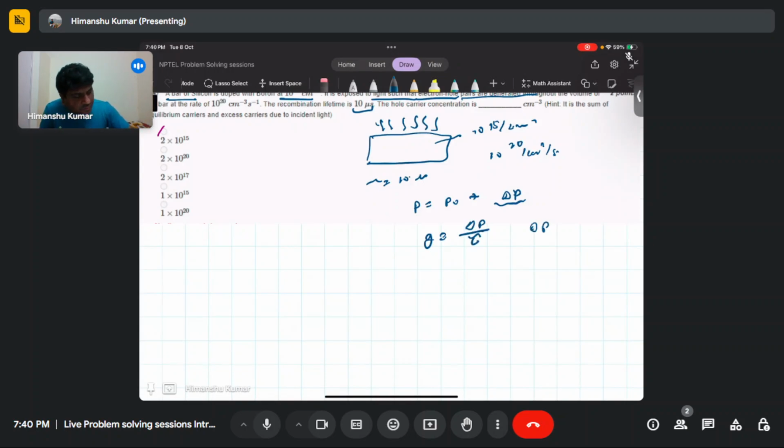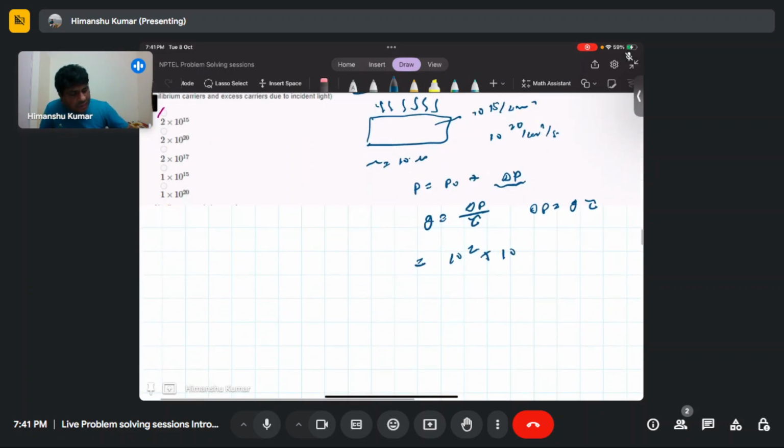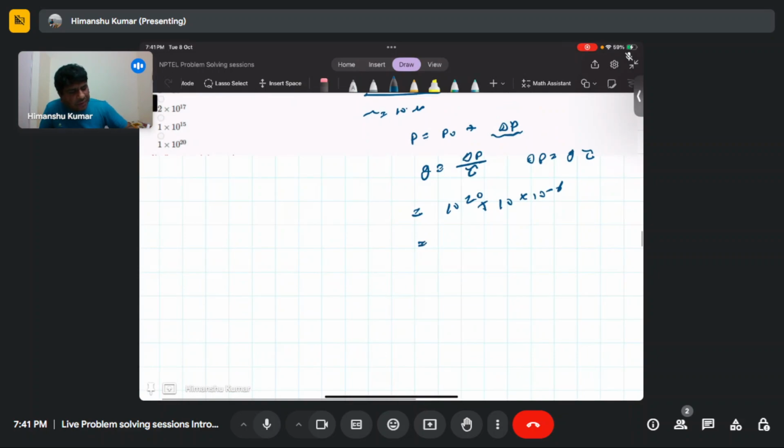So delta P is G times tau, where G is 10 power 20 and the lifetime is 10 power minus 6, which gives around 10 power 15 per centimeter cube for delta P.